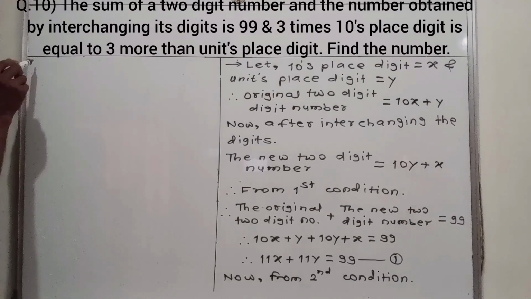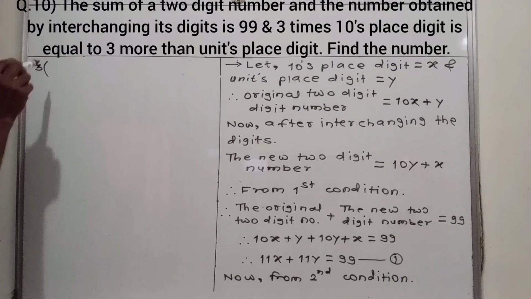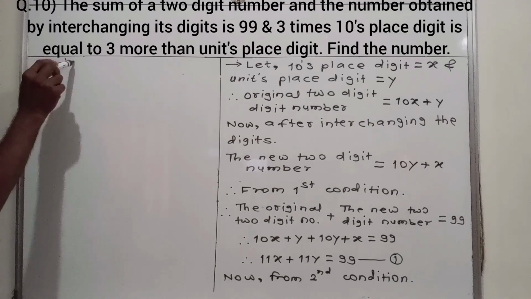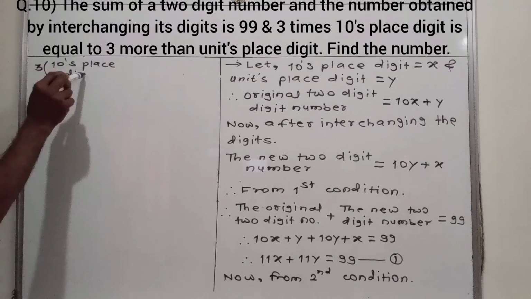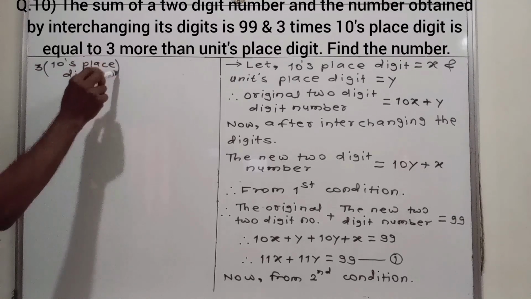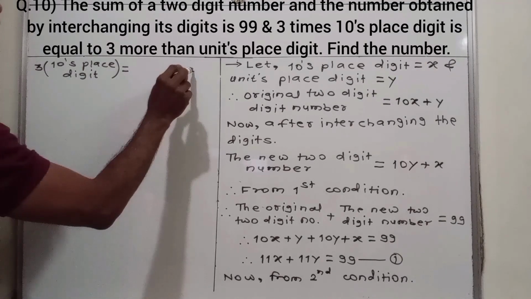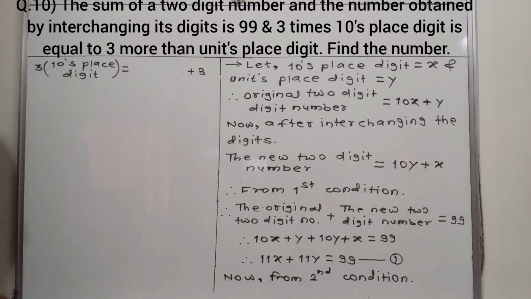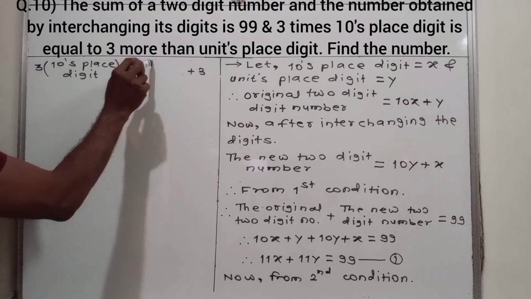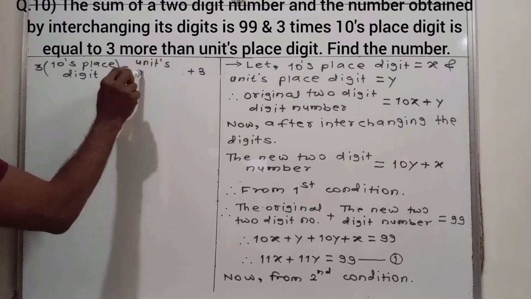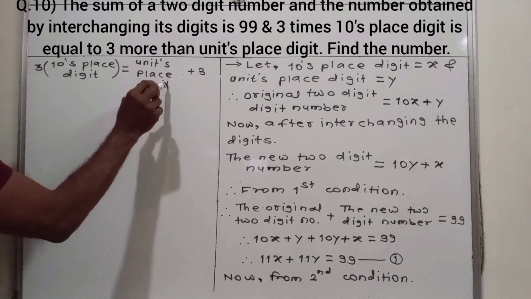Now second condition, 3 times the tens place digit is equal to 3 more than units place digit.